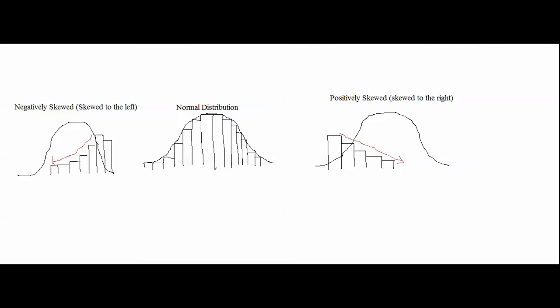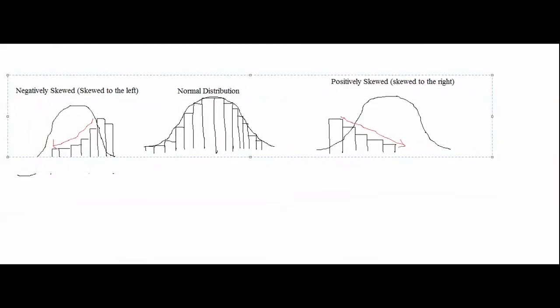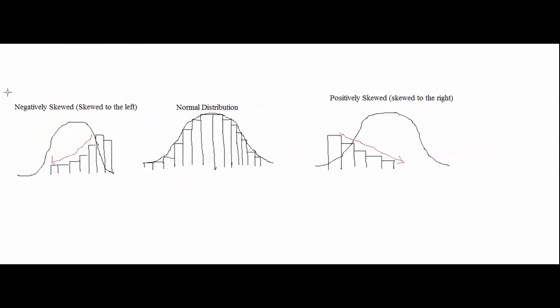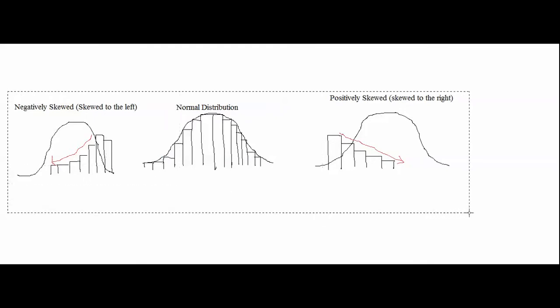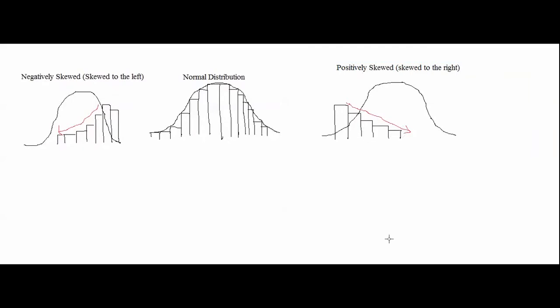There's two other types of non-normal shapes I wanted to talk about. When I say non-normal, I just mean shapes that don't follow a normal distribution. You can also have a graph that peaks lower than the normal distribution and a graph that peaks higher than the normal distribution.